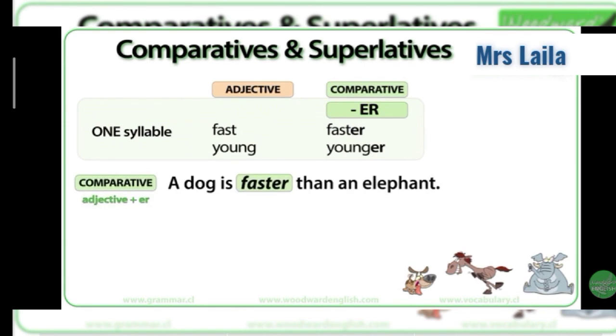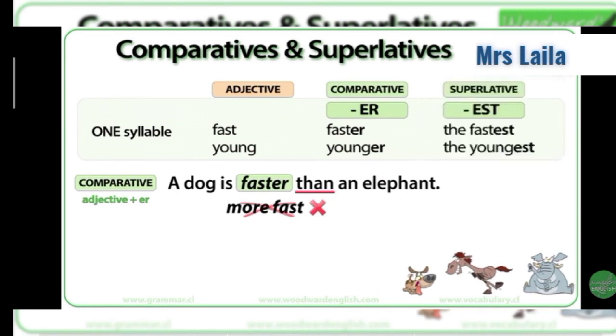Fast has one syllable, so we add er to the end of the adjective. It will be faster. The adjective young is one syllable. We add er to young to become younger.